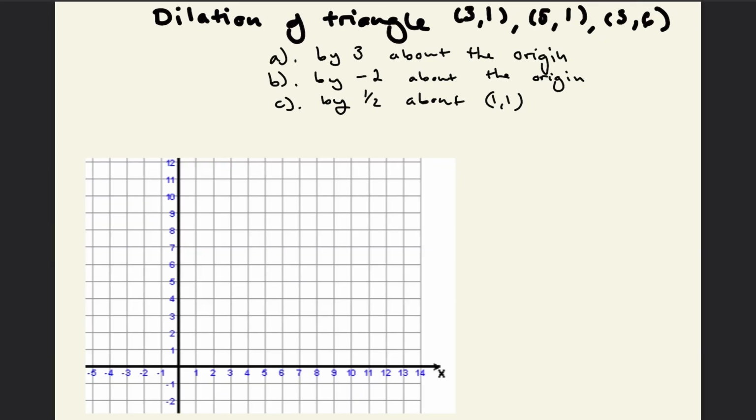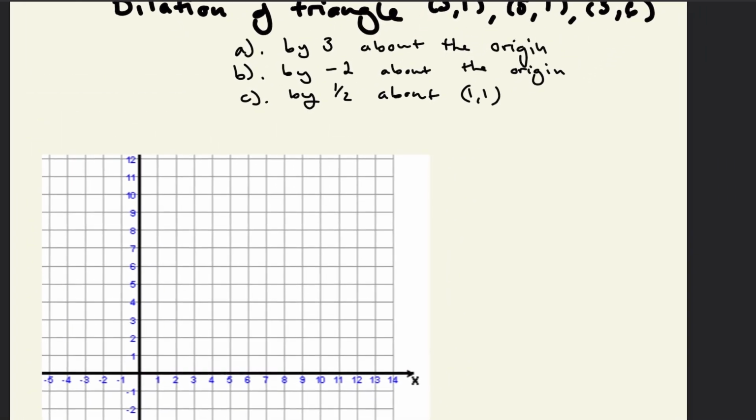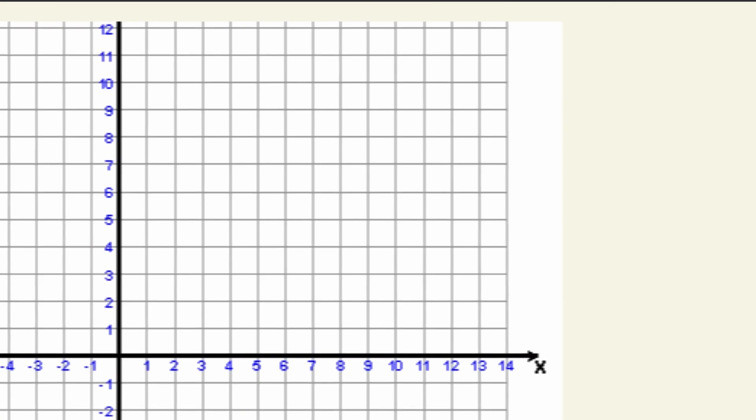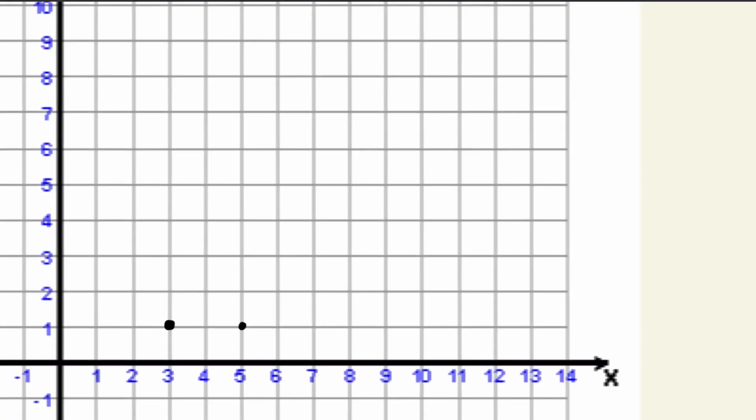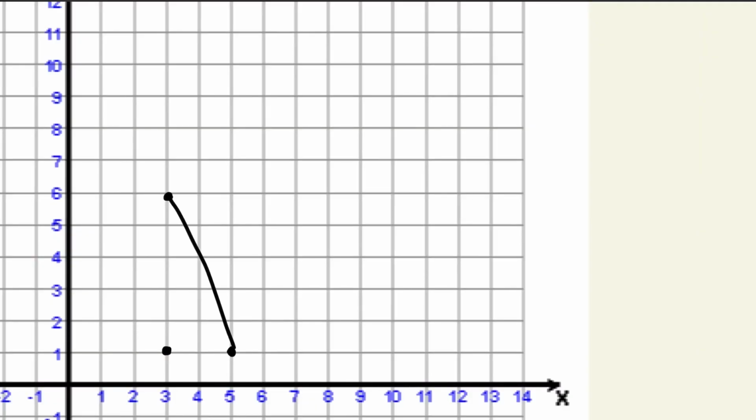Alright, so this is our last example, and once again I switched the coordinate points because it will be way easier to see on this grid. So we have the point (3, 1), the point (5, 1), and the point (3, 6). So this is our original triangle. This is our pre-image.